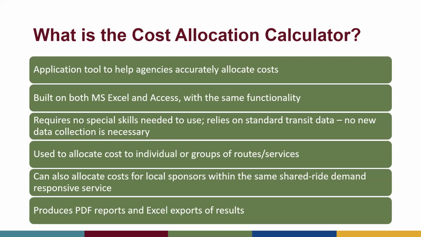First, for those of you that are unfamiliar with the cost allocation calculator, I wanted to provide a little bit of background before I talk about the updates, about what this tool is.